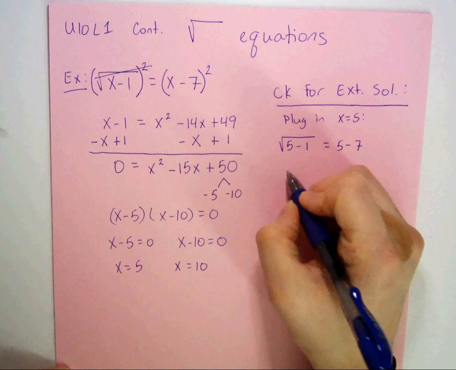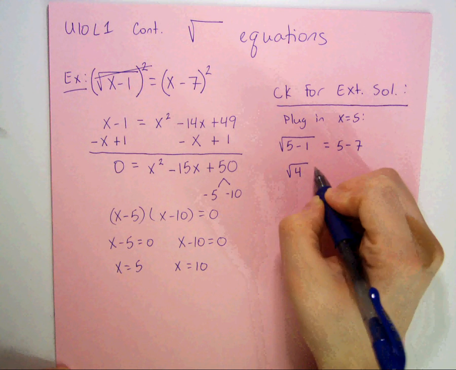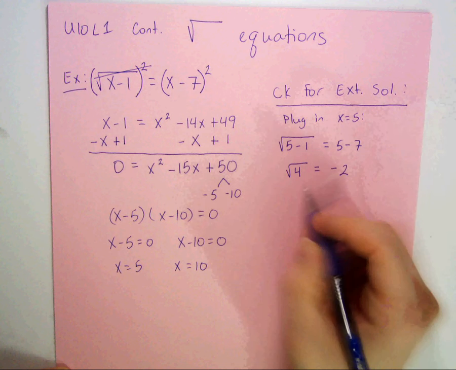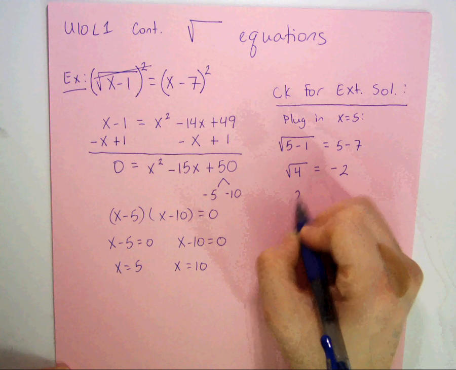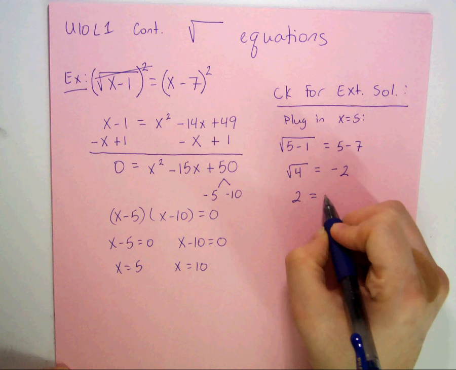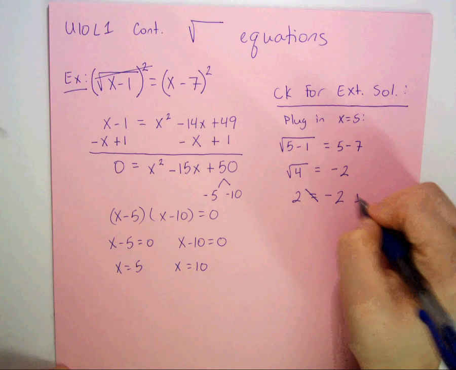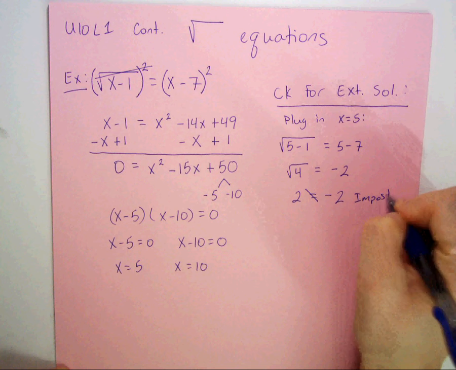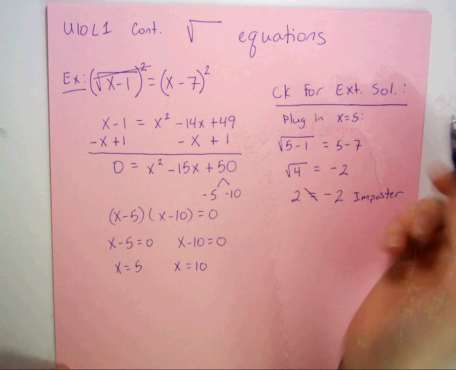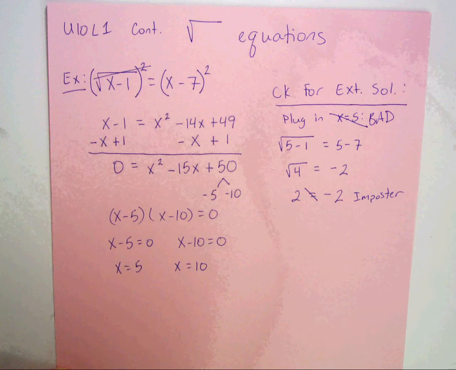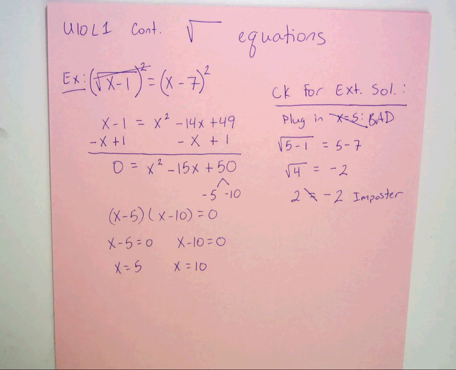So I get the square root of 4 equals 5 minus 7 is negative 2. And the square root of 4 we know is positive 2. 2 equals negative 2. That is not true. So we found our first imposter. So x equals 5 is bad. He lied. He's actually not one of our solutions.